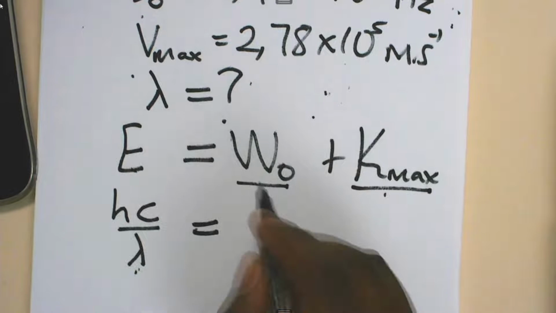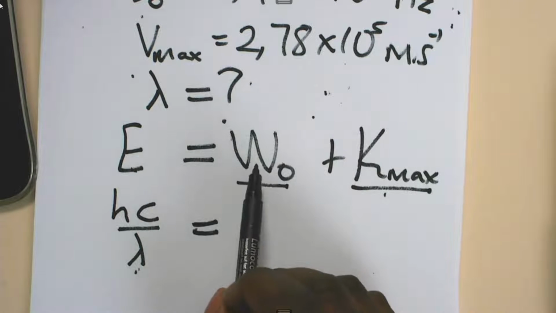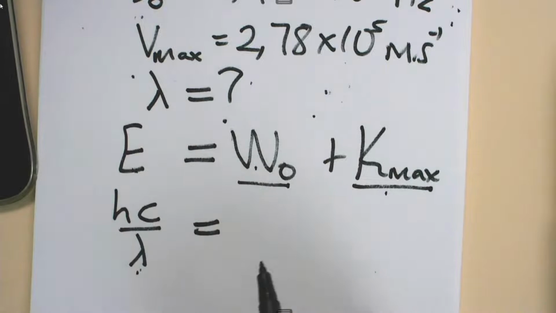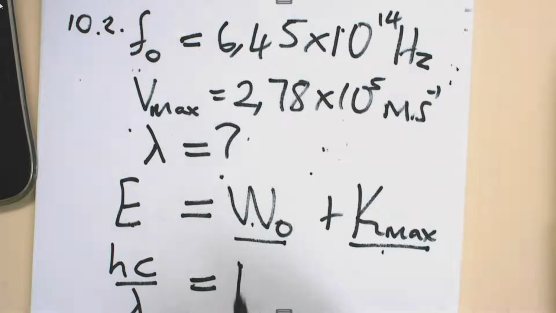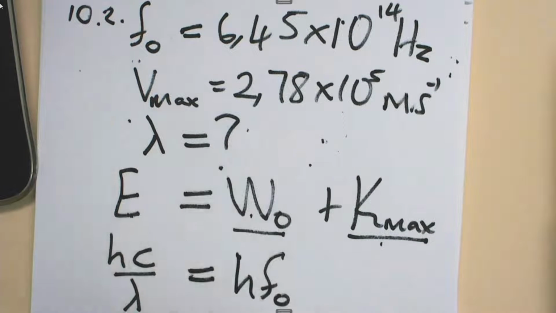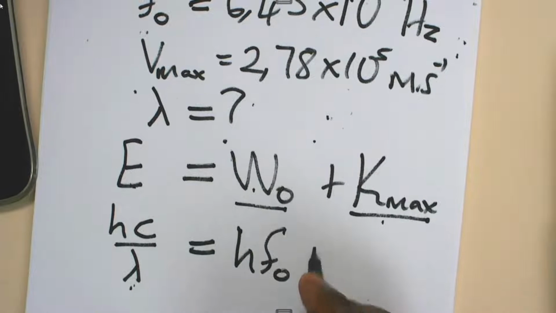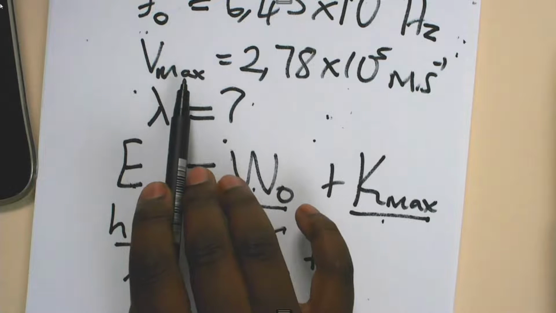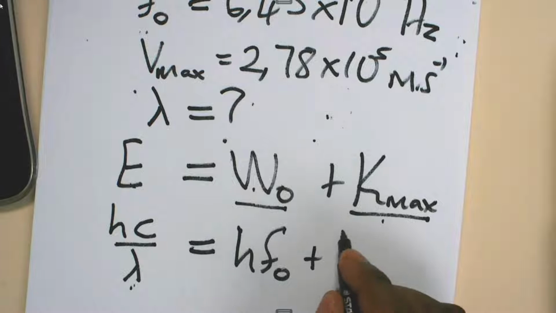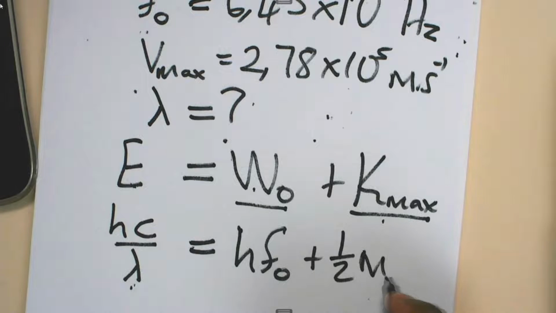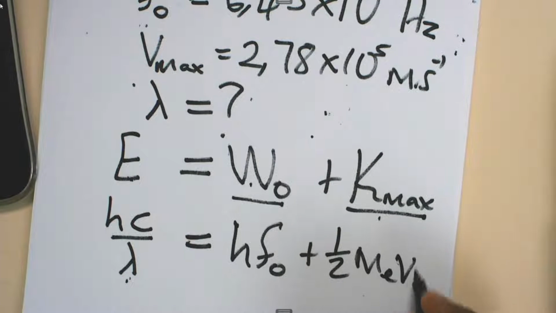Then the work function is related to the threshold frequency, so we are going to express it in terms of the threshold frequency. The kinetic energy we are going to express in terms of the maximum speed. So it will be half the mass of an electron times v max squared.